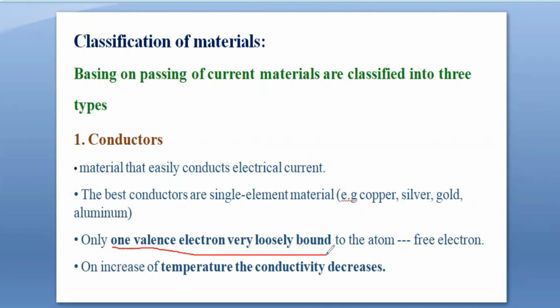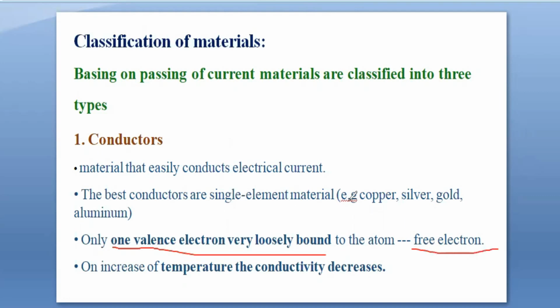Mostly metals contain either one or two valence electrons which are loosely bound to the nucleus, so that they can break the bonds, and these electrons can move freely from one end to the other end, such that they can carry current. So these free electrons carry the current in the conductors.